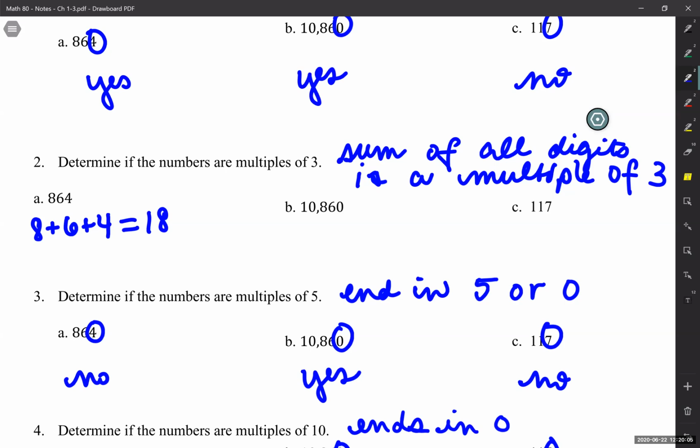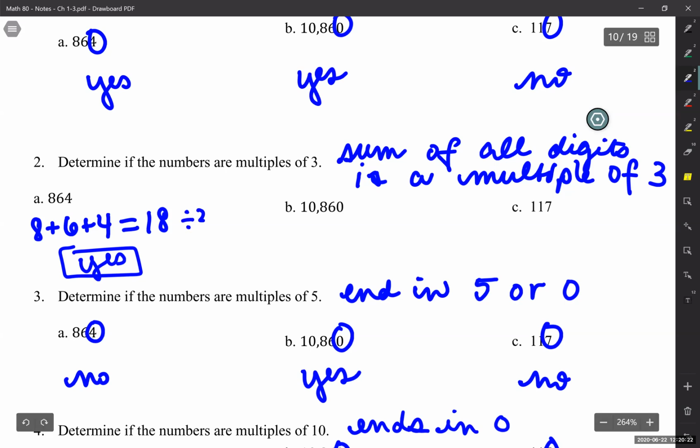Can you think of a number times 3 that equals 18? Yes. 6 times 3 equals 18. So the answer is yes to this problem. And that's it. You add up the digits, and then when you divide that number, this divides by 3. So, yep, the answer is yes.